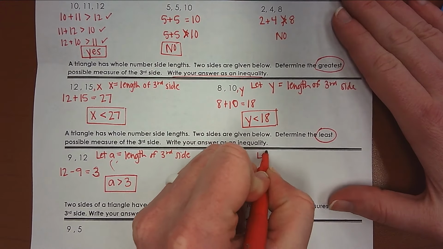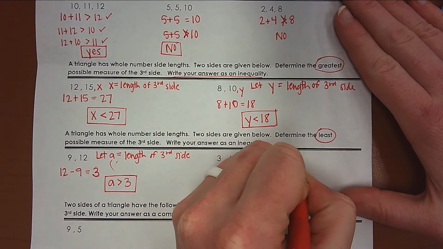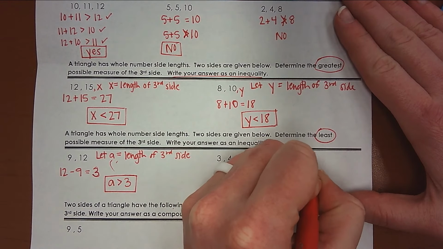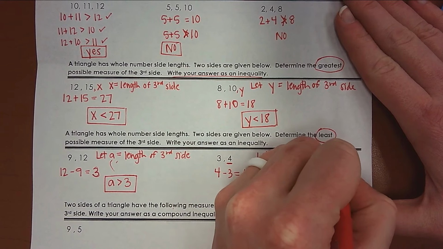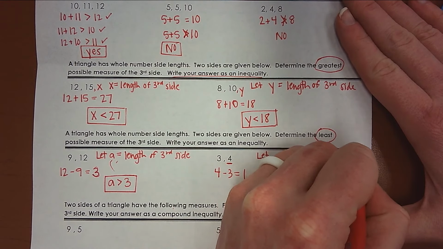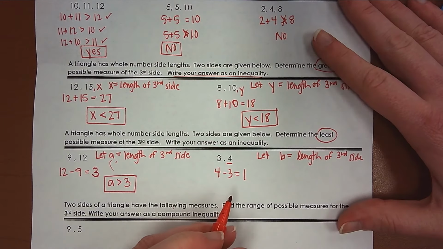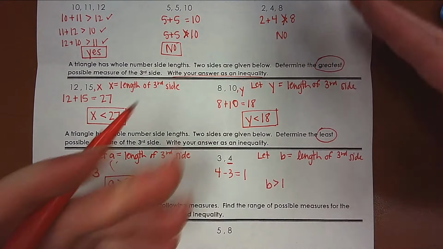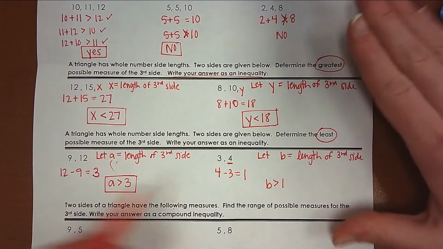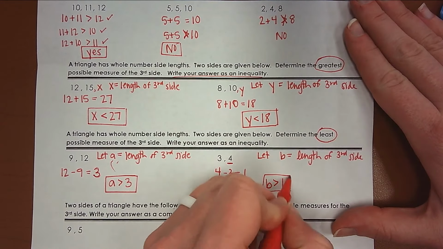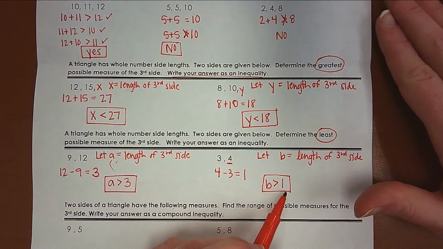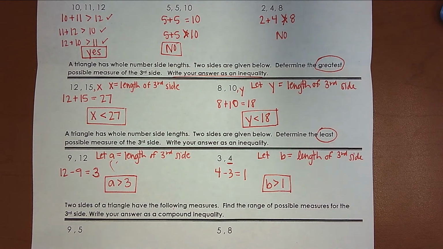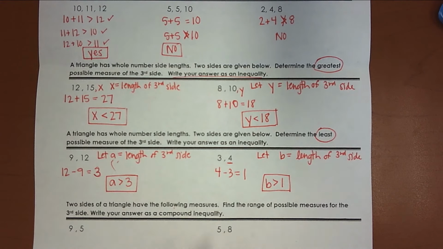And so if I let B equal the length of my third side, B has to be bigger than 1 so that those two sides don't collapse. As long as it's more than 1, those two sides, 3 and whatever that extra number is, can meet and be propped up against the long side 4.